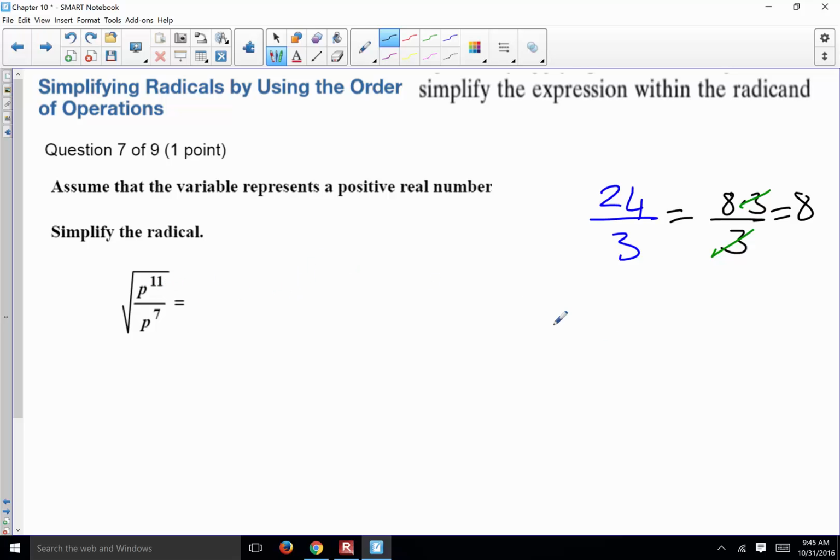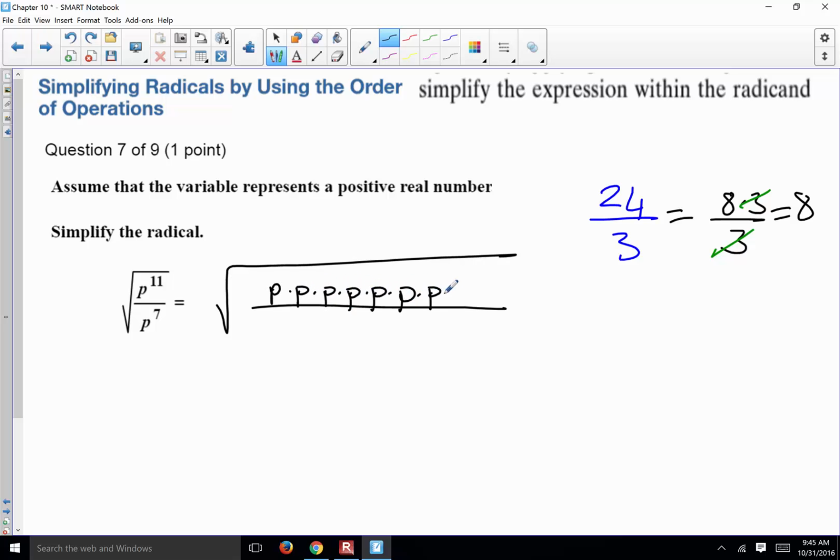Is there a way you can combine these two powers and perform this division? Okay, here is the long way. I want to show you a long way. What does p to the 11 mean? How many p's are multiplying? 11. Yeah, it's gonna take all day, but I can write 11 p's there. Trust me.